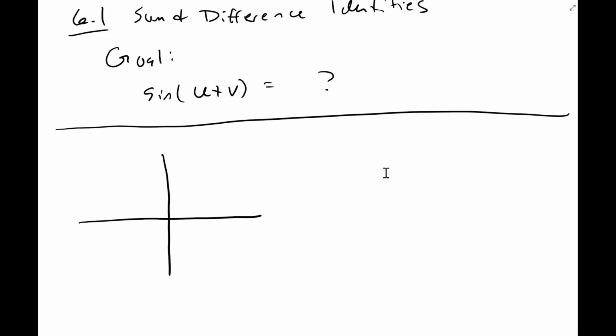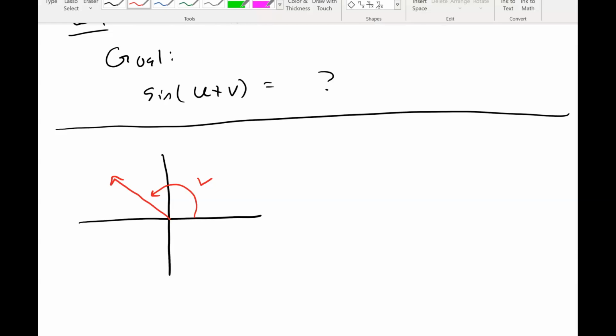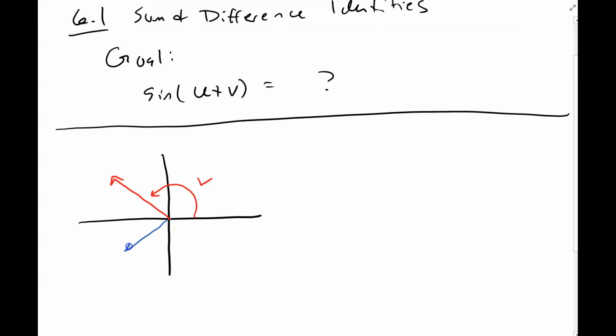So let's say we have two angles. I'm going to call this first angle, angle V. And then I'm going to call this other angle here, angle U. And then I'm going to call this angle right here, theta.